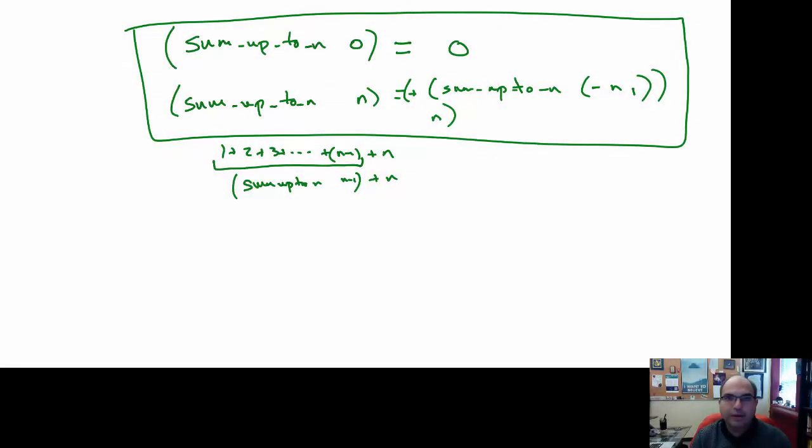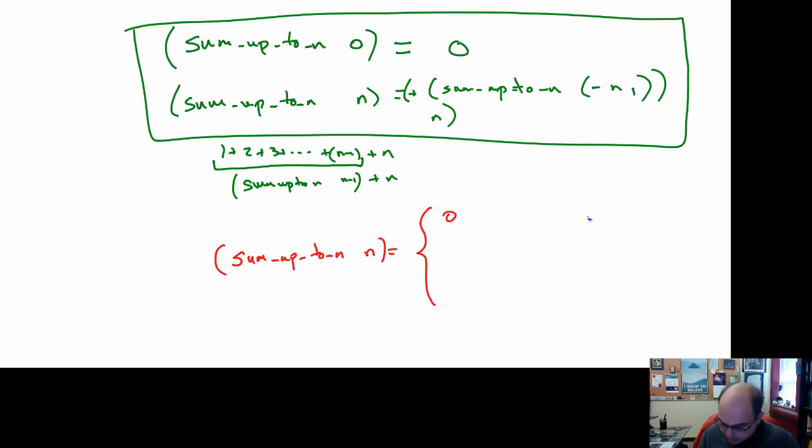So we saw how to define sum up to n using these two equations. But I actually want to try to write it in a different way that may be more familiar to you. So let's try this. What I'm going to do is I'm going to write sum up to n using kind of more standard mathematical notation, okay? So sum up to n of n is equal to, and now we have cases, okay?